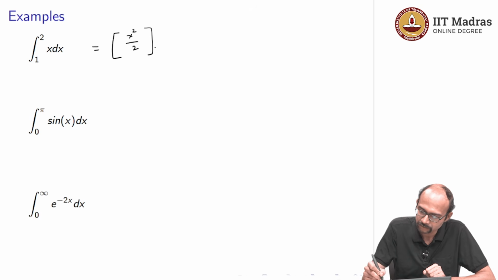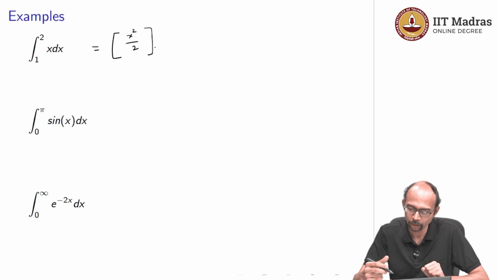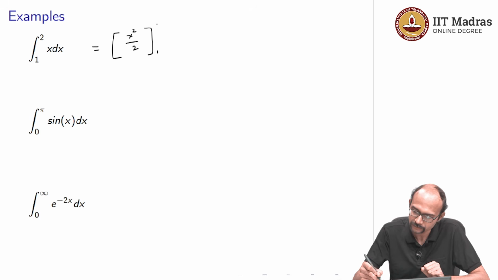The indefinite integral or the antiderivative of x is x squared by 2. This you can do by observation, or you can use the table that we just had, and we want to now do this from 1 to 2. So, I will write this with a bracket like this and write the 1 below and the 2 above.